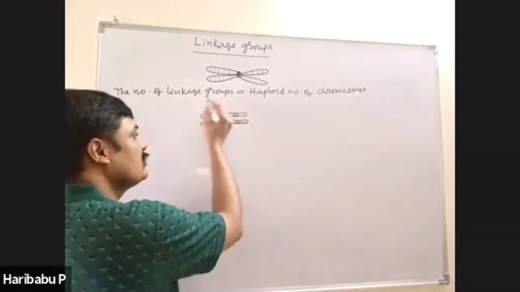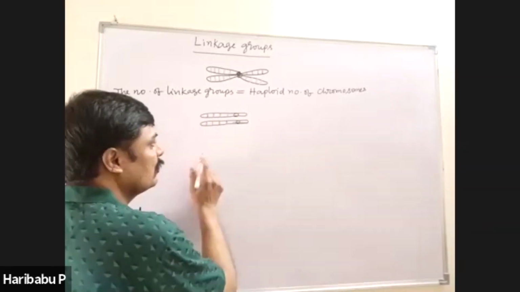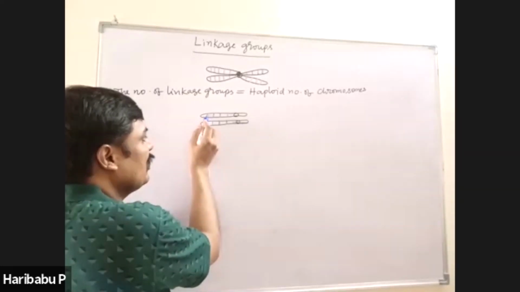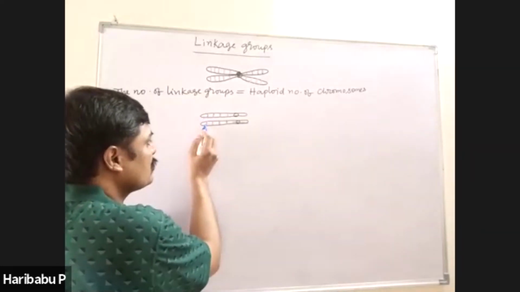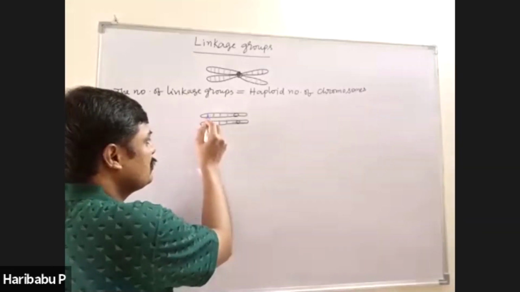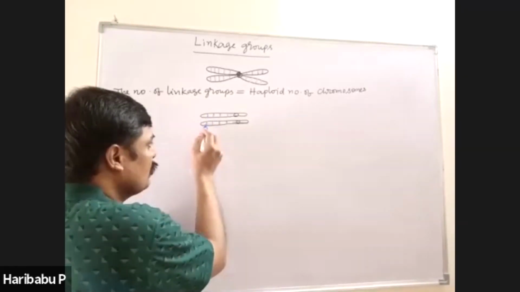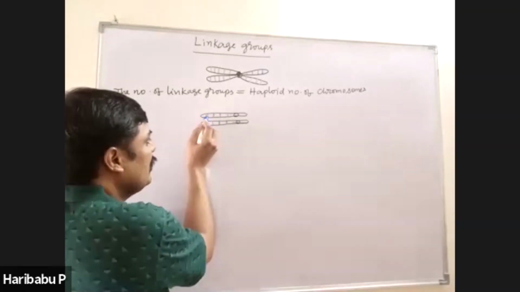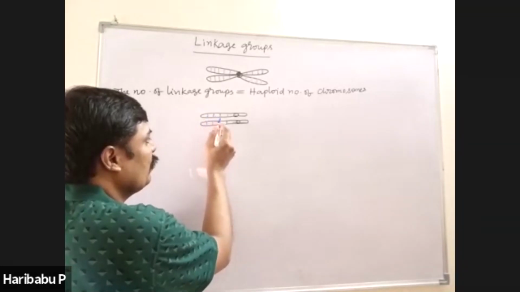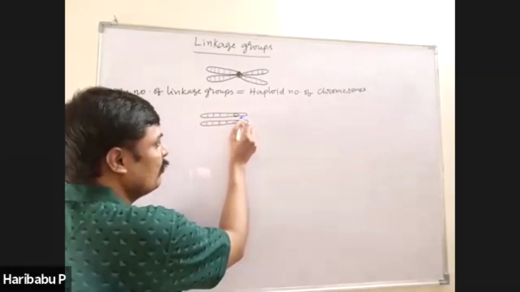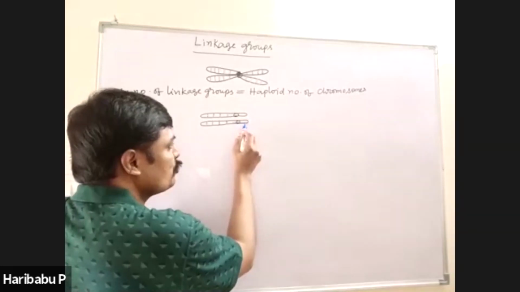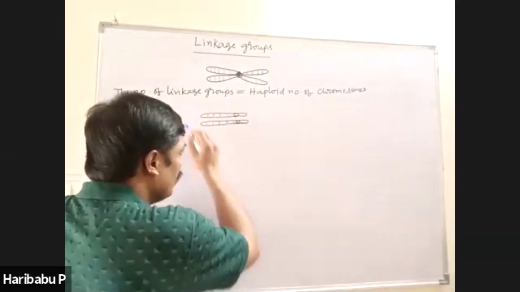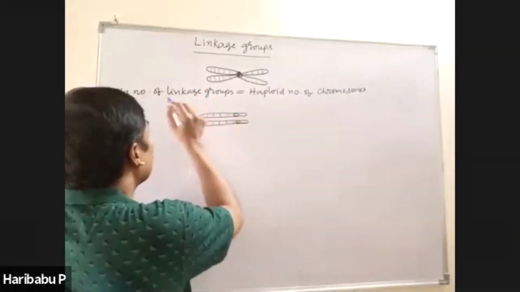In the same locus, the same type of allele or gene is present. Therefore, the genes present on this chromosome are similar to those of this chromosome, so we consider all the genes in this chromosome to form one linkage group.